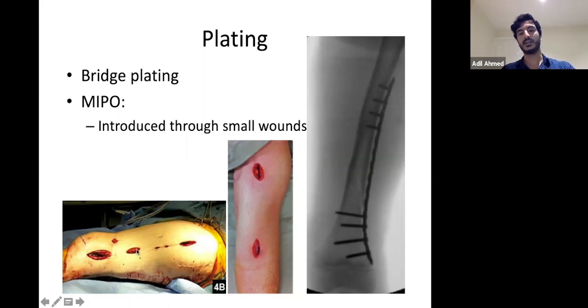We may make several other incisions, some for the screws, but also some to aid placement of the plate, so we know exactly that it is in the middle of the bone and not sitting off one way or the other.